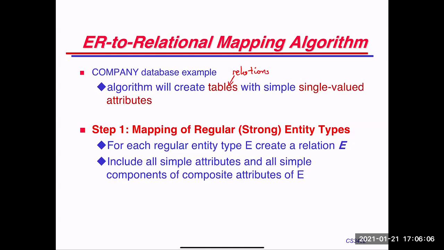So for instance, if I have a composite attribute that is called name in my ER model, and this is connected to some entity, let's say person, this composite attribute consists of first name and last name.